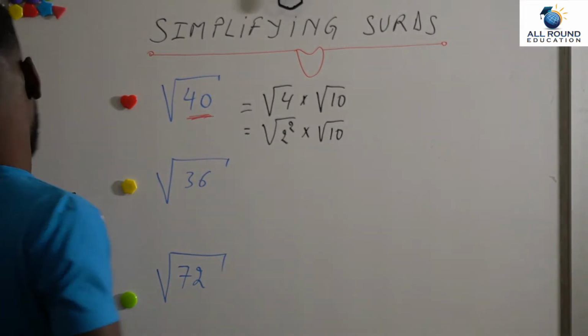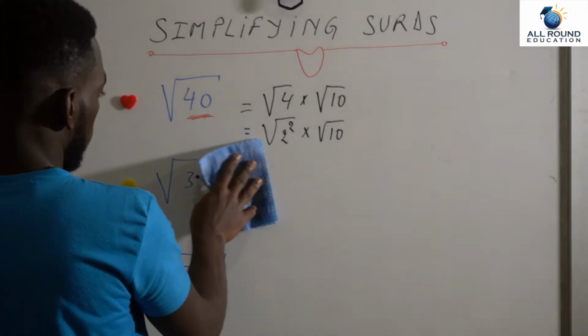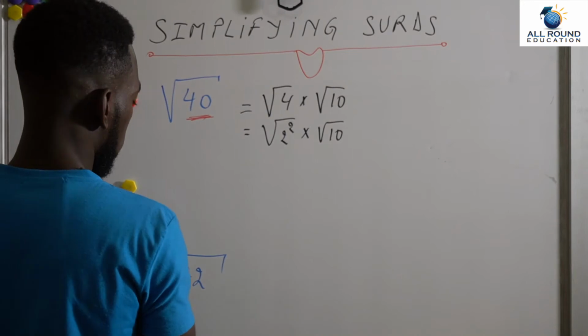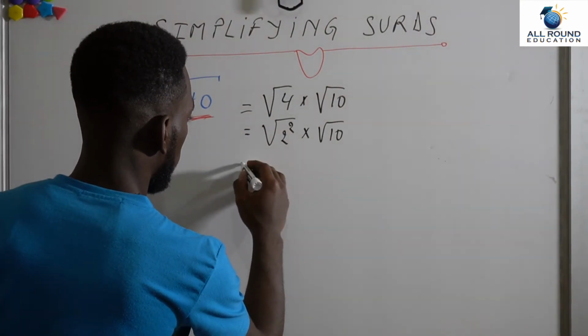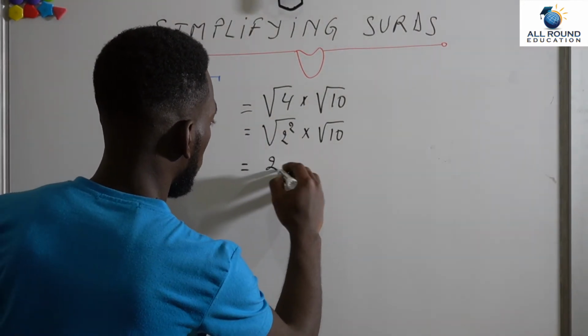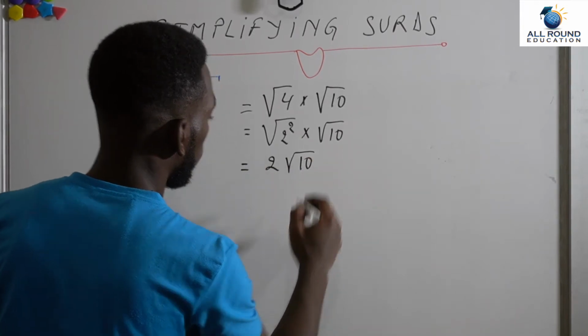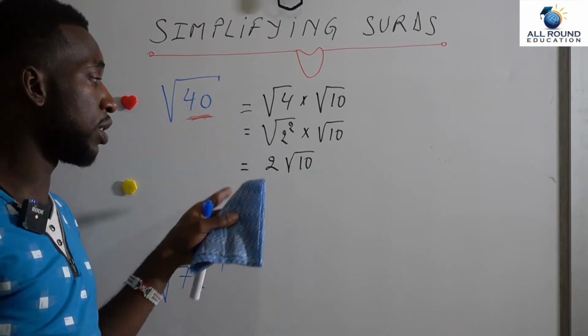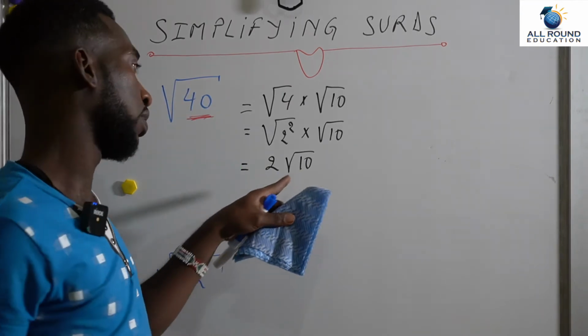However, I'm going to rub this off because it's blocking my way. So on my next line, I will have 2 times the square root of 10. So our answer, the square root of 40, is the same as 2 times the square root of 10.